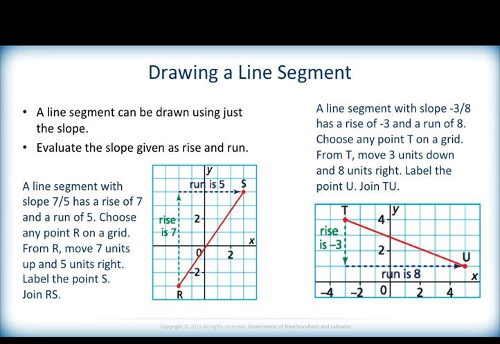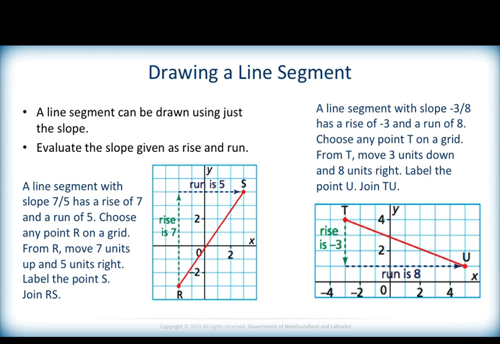So you're going to choose any point on the coordinate grid, wherever you would like, and you're going to use the rise and the run to create the line segment. So in this graph, we're choosing a point R, which is going to be at +2 and -3. So we're going to make our point R, and we're going to move 7 units up and 5 right.